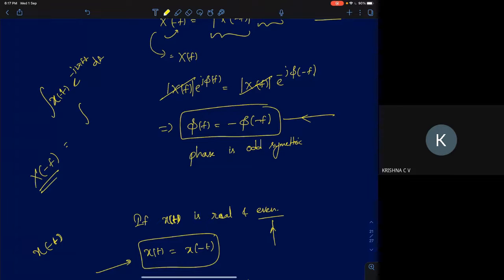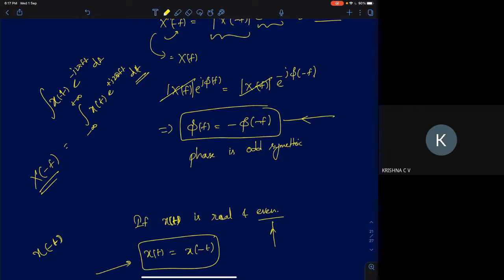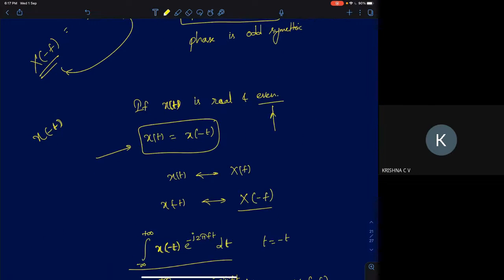You will end up getting x of plus t e power plus j 2 pi f t dt. Of course there will be a negative sign here, that will be flipped once you flip the limits of integration. Then you have this expression. If you compare this, this is simply X of minus f. Here you have plus here, so you get X of minus f. So the Fourier transform of x of minus t is simply equal to X of minus f.